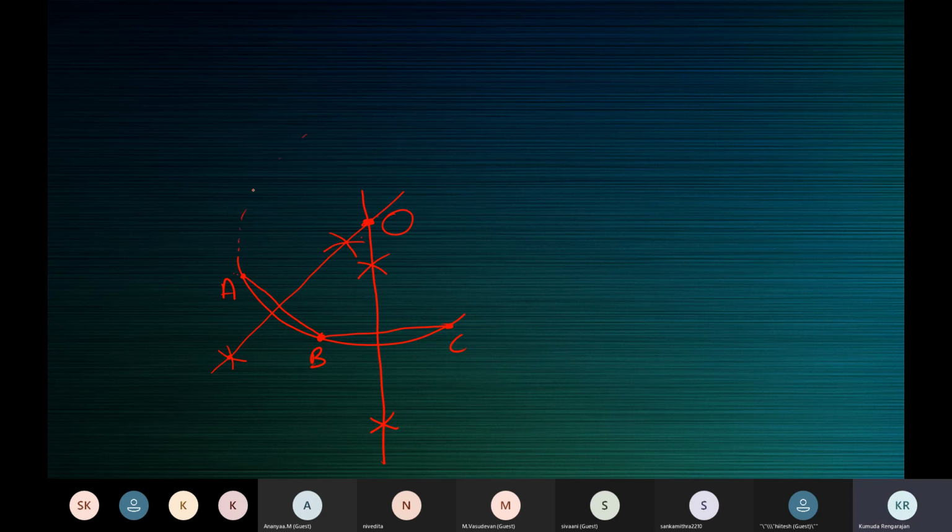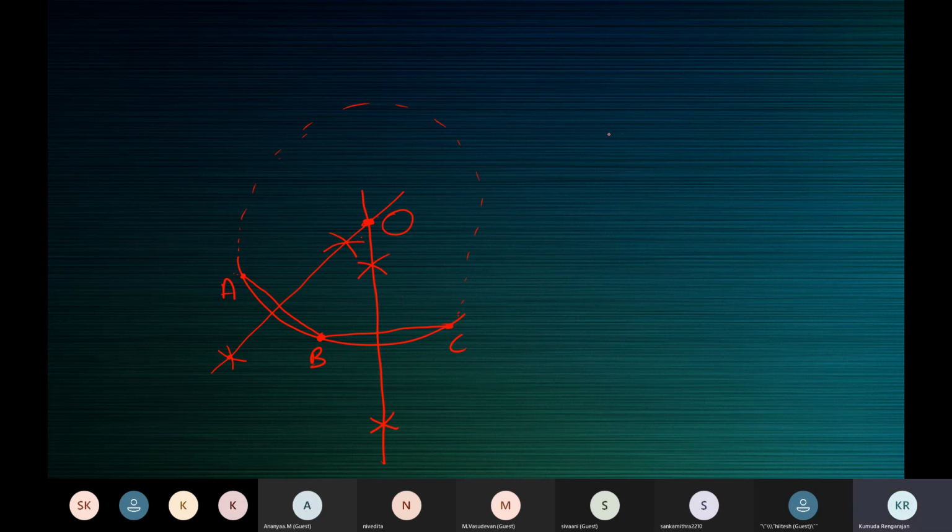So the center of the circle is the point of intersection of the perpendicular bisectors of any 2 non-parallel chords.